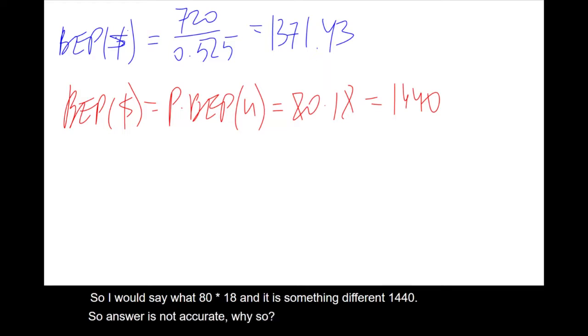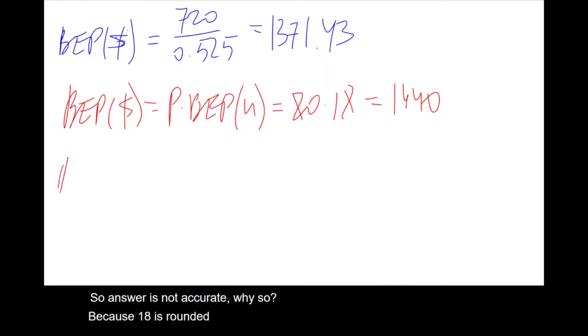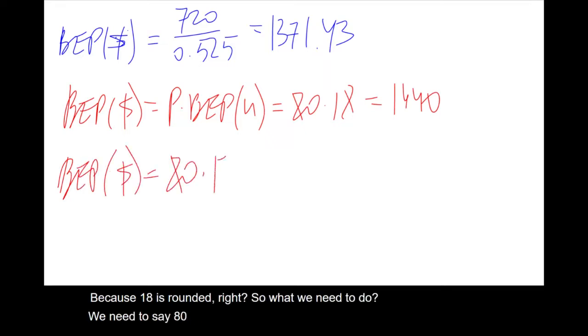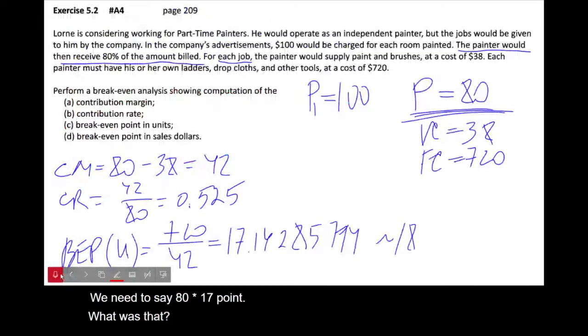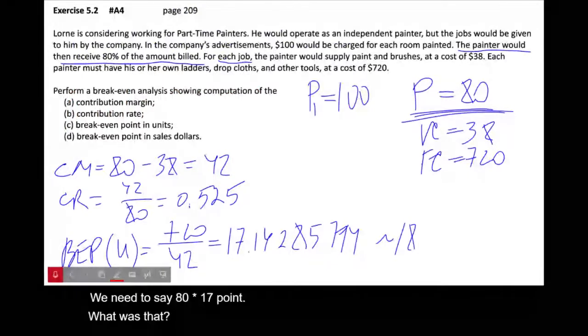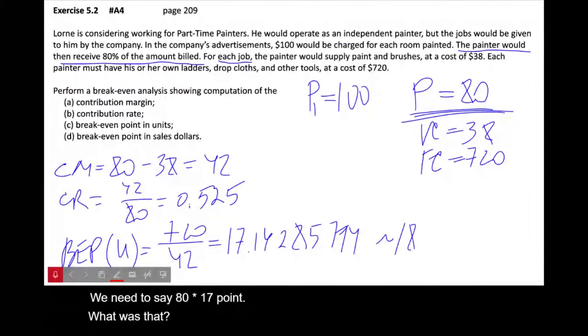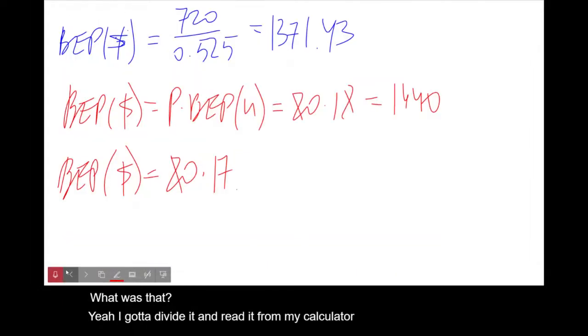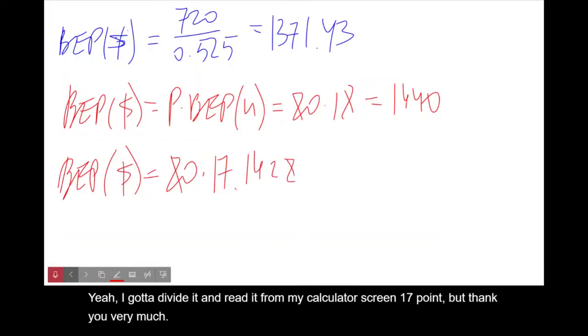Because 18 is rounded, right? So what we need to do is say 80 times 17.1428..., reading it from my calculator screen.